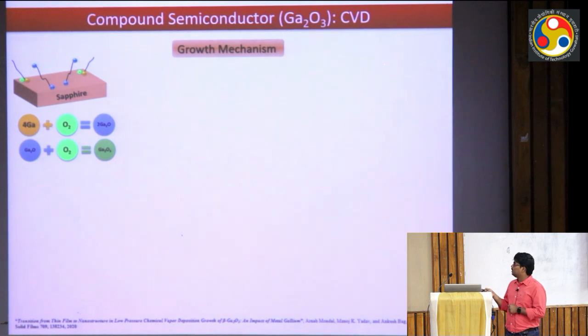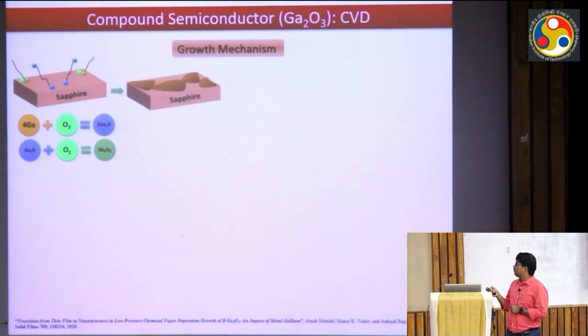Initially we are getting this alloy. So gallium and then oxygen, we are getting Ga2O. After oxidization of this Ga2O with more oxygen, it is converted to Ga2O3. Our ultimate objective was to get Ga2O3.